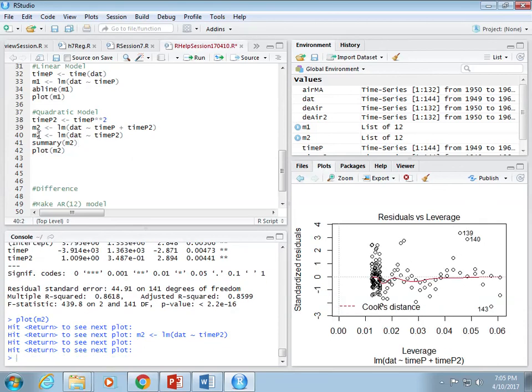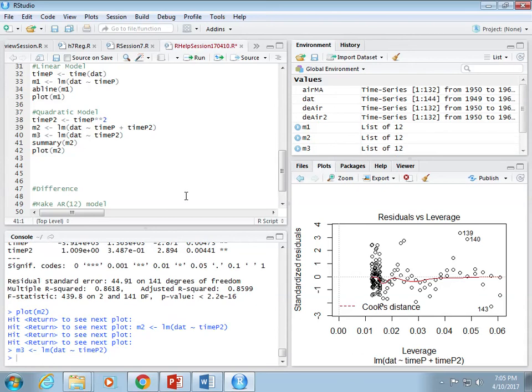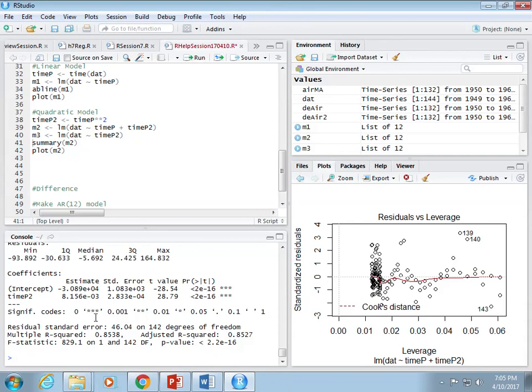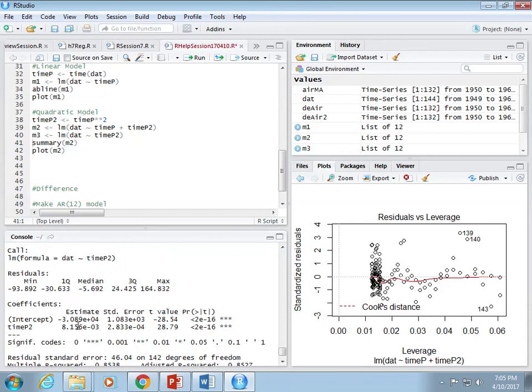So let's say we'll call it M3. And if I look at the summary of M3, see, it only has one coefficient now.